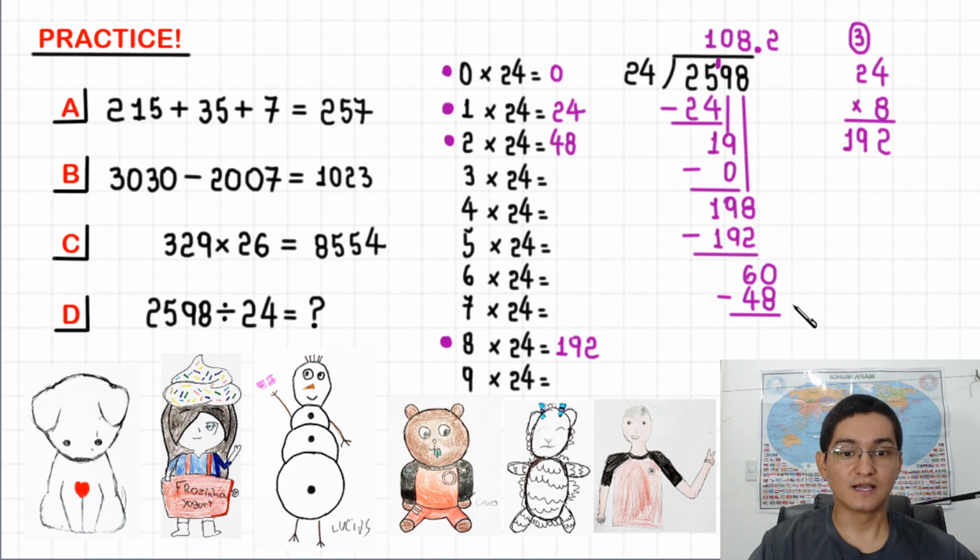I will wait. Is there a person among those 4 who are watching us that can tell me what 60 minus 48 is? I have here Mariana, Mala, and 2 other people. Who is the first to tell me what 60 minus 48 is? I will see who comments first.